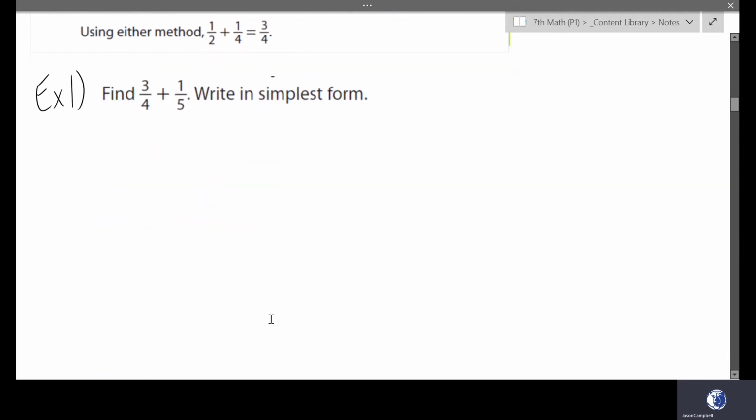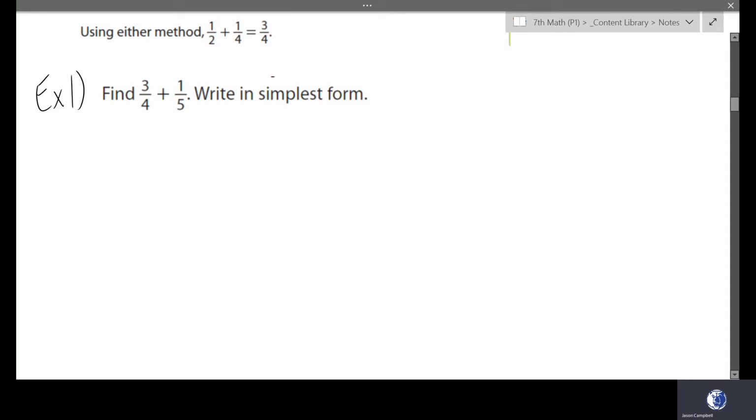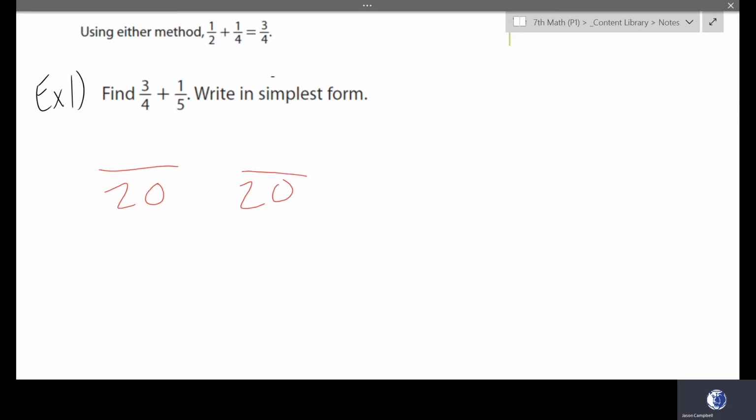Let's try ours. 3 over 4, add 1 over 5. For 4 and 5, the least common denominator is going to be 20. One way you can figure that out is just list out all the multiples of each number.